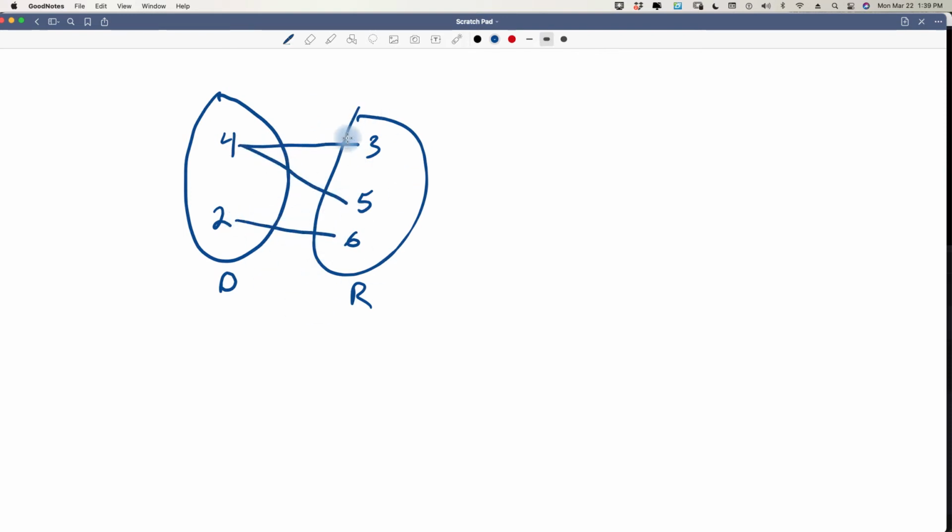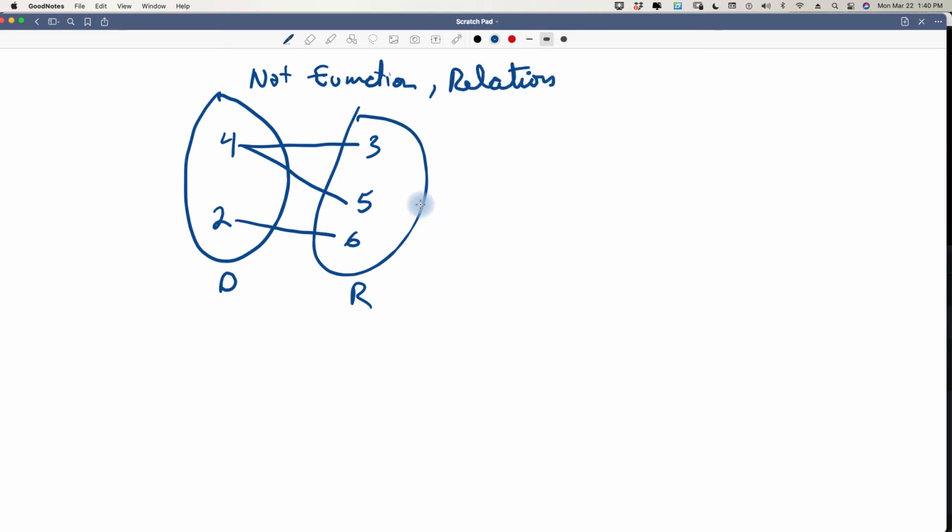This is not a function because 4 has 2 y values. But it is a relation because each of your x values does have at least one y value. So that's the difference.